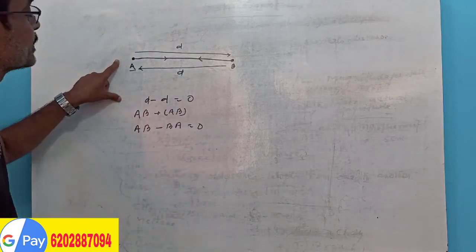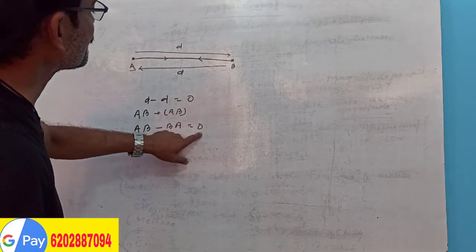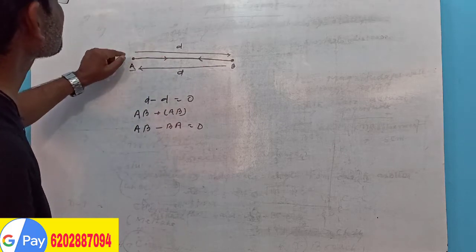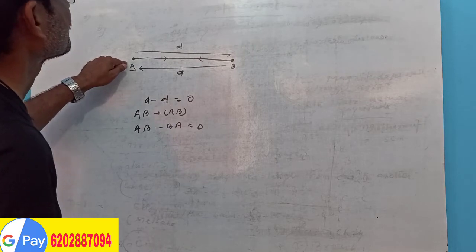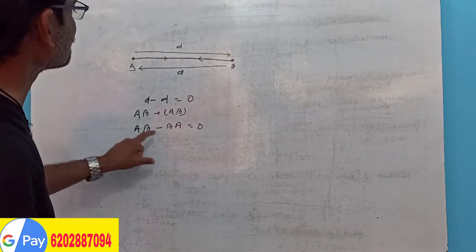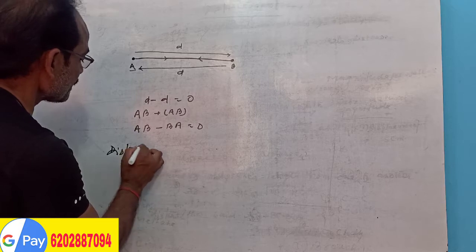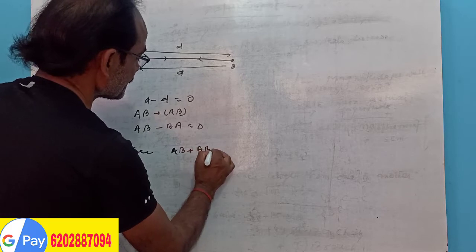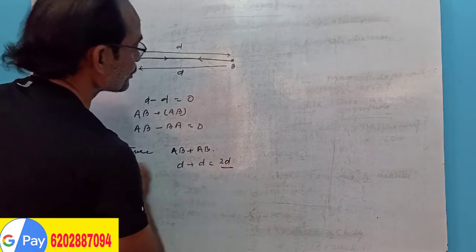Hence, displacement is 0. If a moving particle comes back to its initial point, then displacement is 0, where distance traveled by the body is AB plus AB, that is D plus D equals 2D.